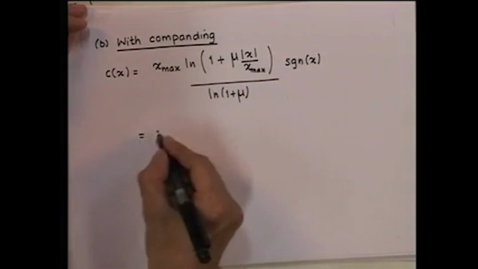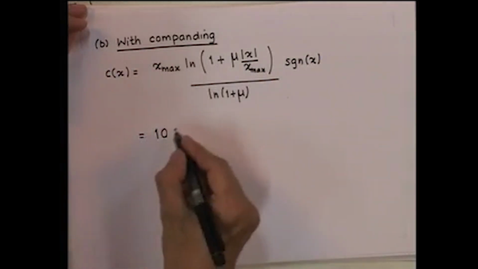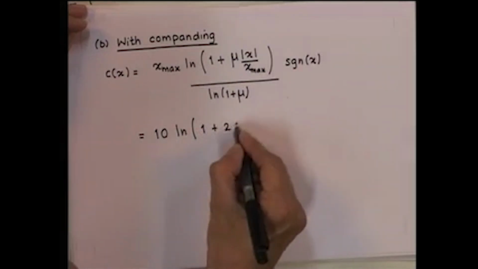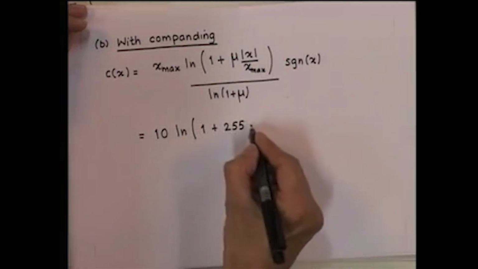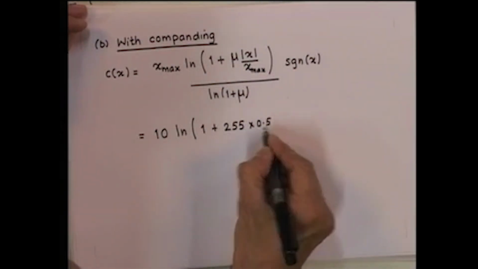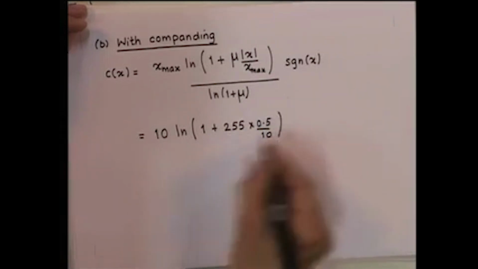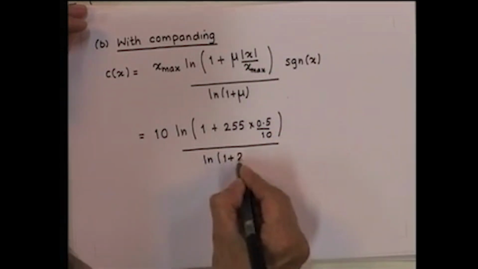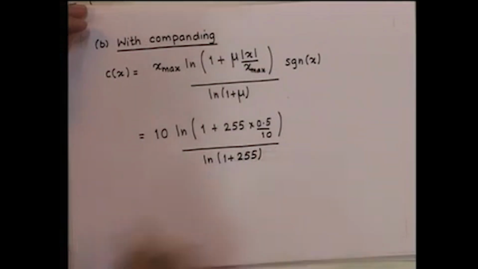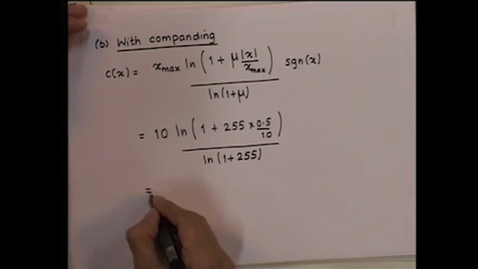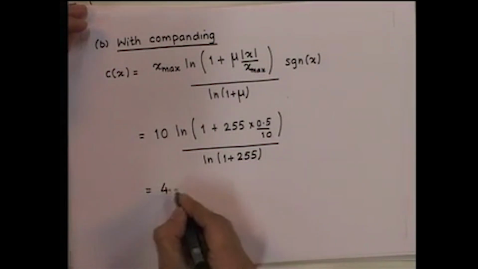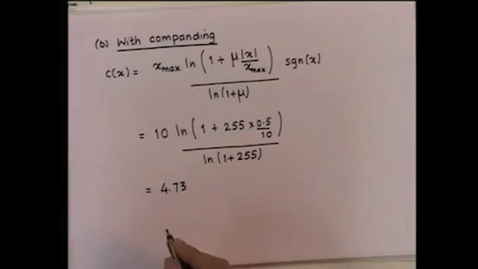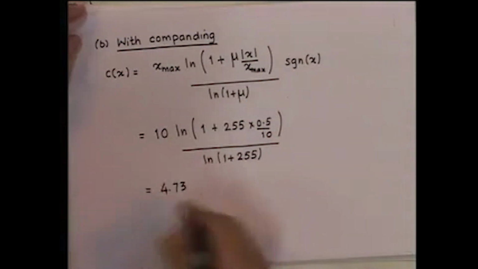So, we substitute the given values, and this reduces to 4.73. So, this is the first step.